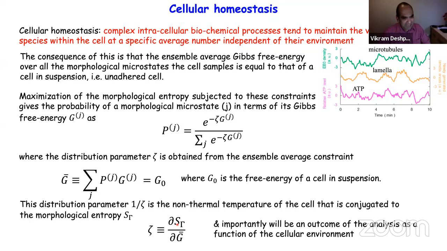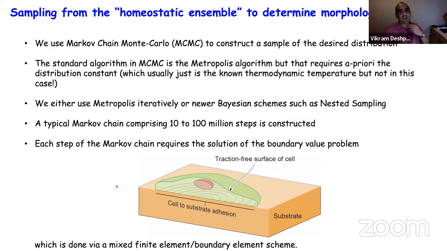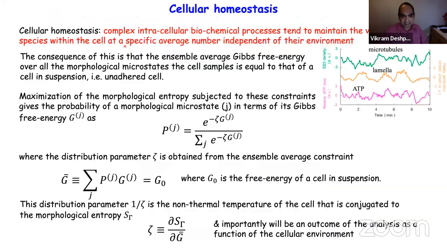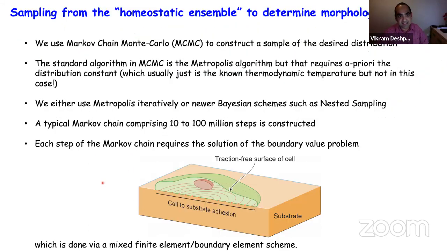Okay, so this result looks very straightforward, but of course the problem is that you need to do these gigantic averagings, and that's not trivial to do in this context. We call this the homeostatic ensemble, because it's an ensemble that maintains homeostasis. The way we sample on this homeostatic ensemble is to use a Markov chain Monte Carlo to construct a sample of the desired distribution.